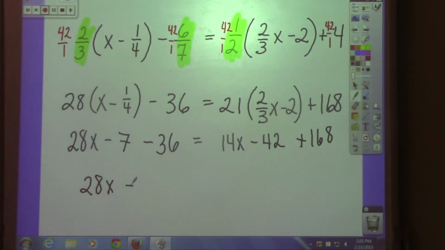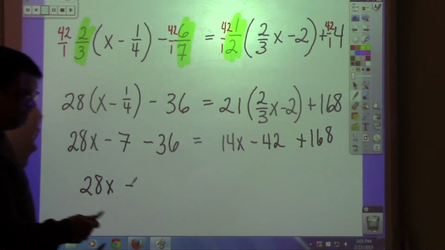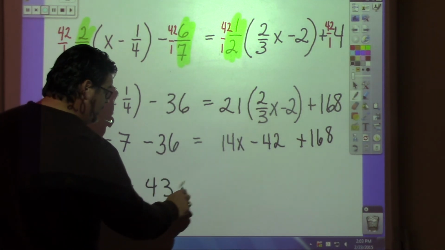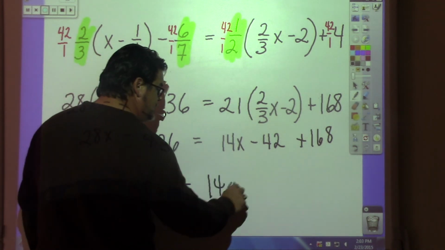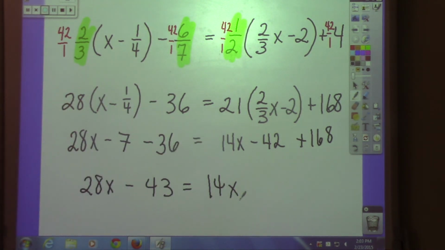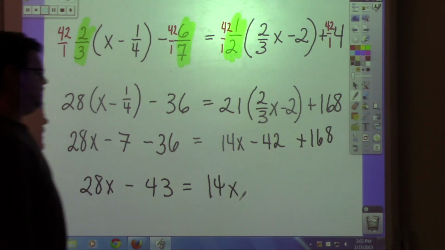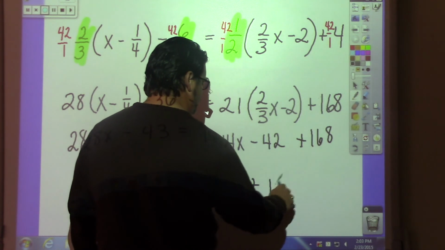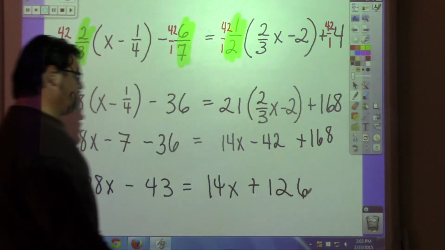Minus 7 minus 36. What'd you say? Thank you. Is equal to 14x minus 42 plus 168, 146? 126, sorry. Which one's the smallest bucket?